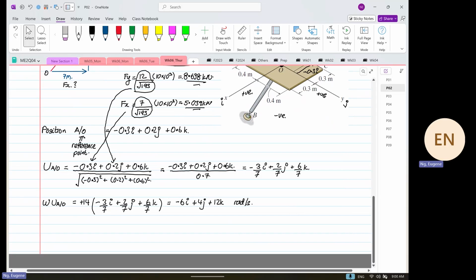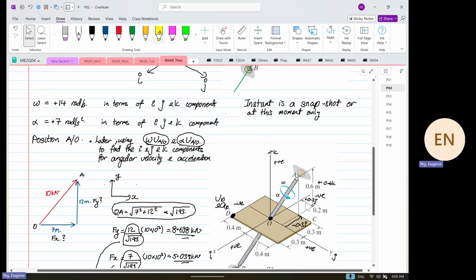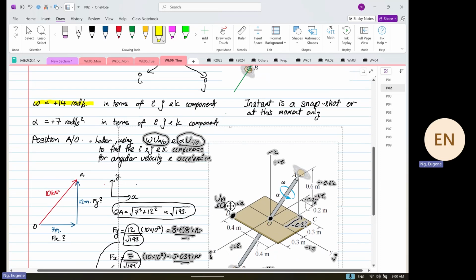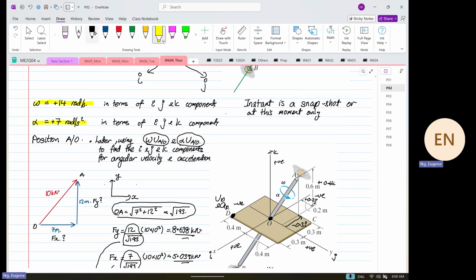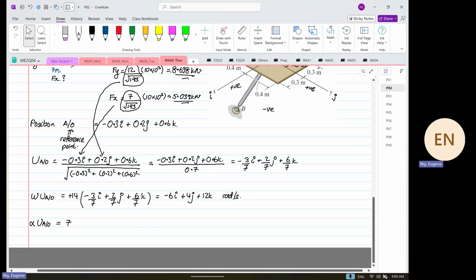Likewise, you do the same for the angular acceleration, where you have alpha of A relative to O, and then this is equal to, we have given to us, this is 7. So the 14 and 7 is given to us, okay? So I'll highlight down here. Some of you might be wondering where we get 14 and the 7. So there we put in the 7.